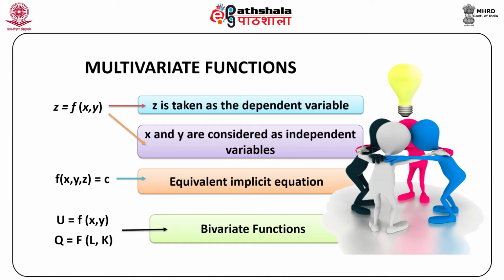Thus, utility is a function of (x, y) and Q is a function of (L, K). In macroeconomics also, the income determination model and most other models involve more than one variable. The tools of multivariate functions would thus be of great help in the study of various economic problems.